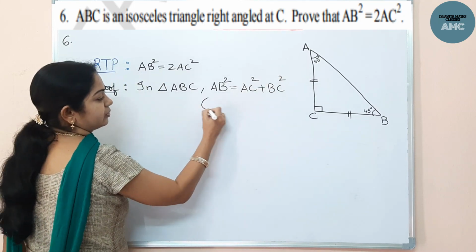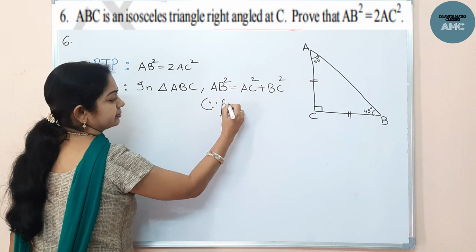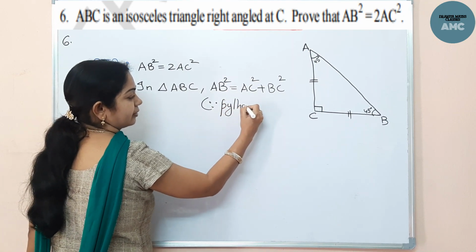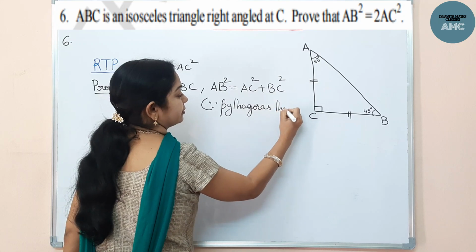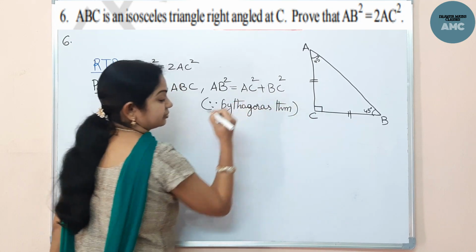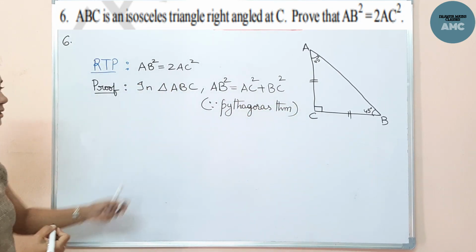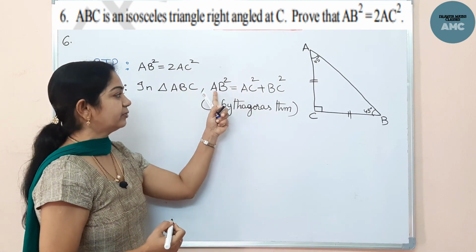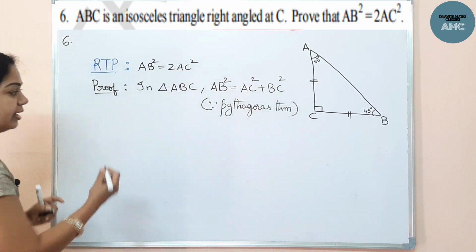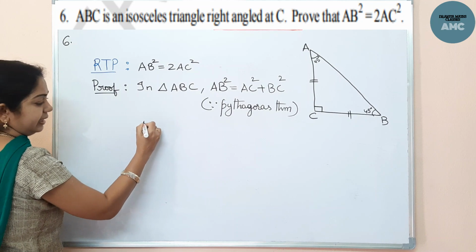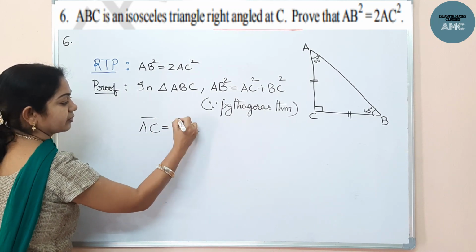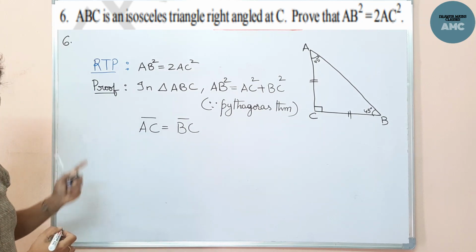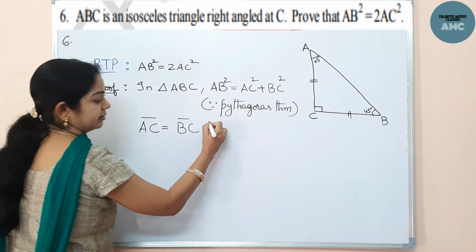Why? Because of the Pythagoras theorem. You have to mention this. When we are using the Pythagoras theorem, we have to mention the Pythagoras theorem. Now, in this equation, we know clearly that AC side is equal to BC side. Why? Because it is an isosceles triangle.